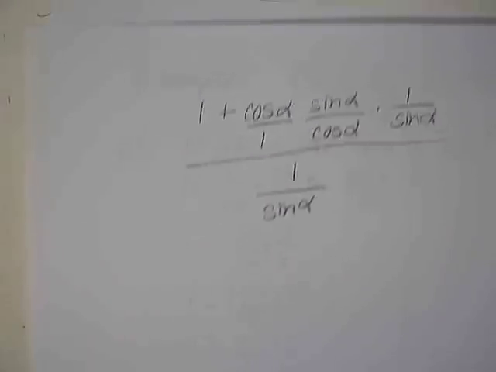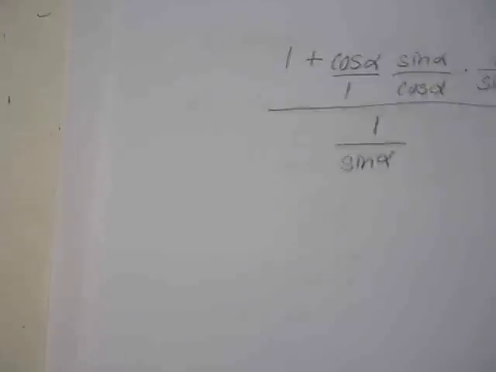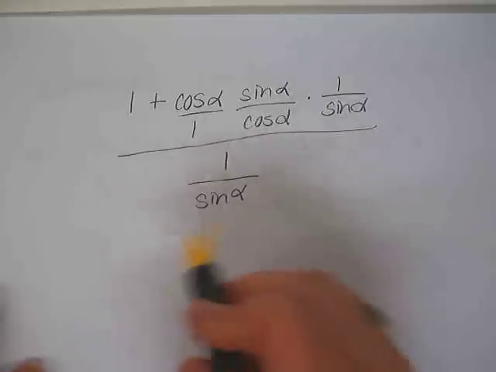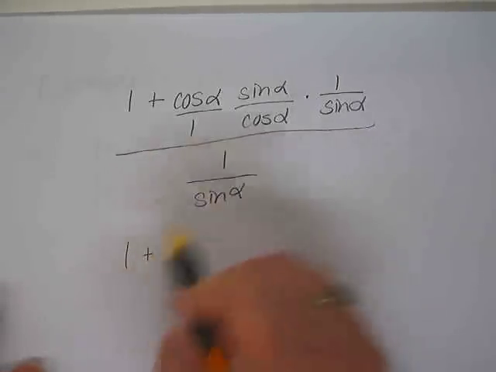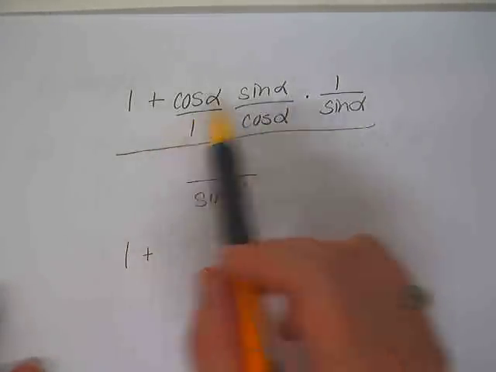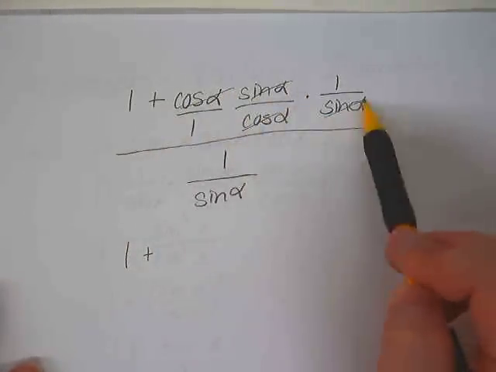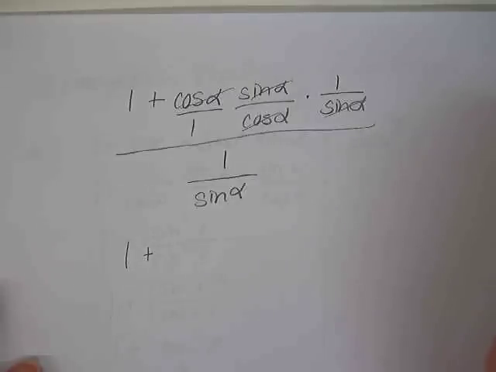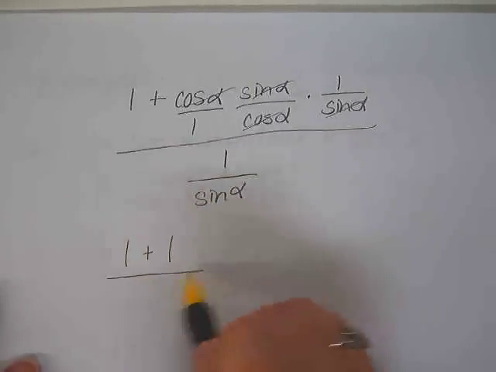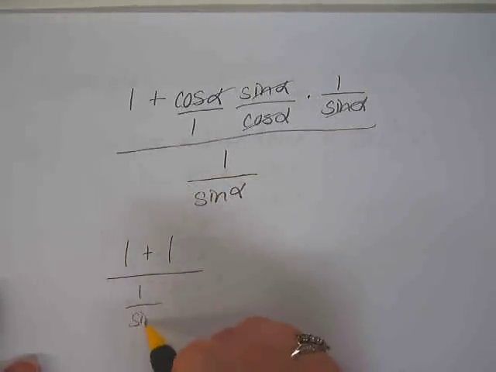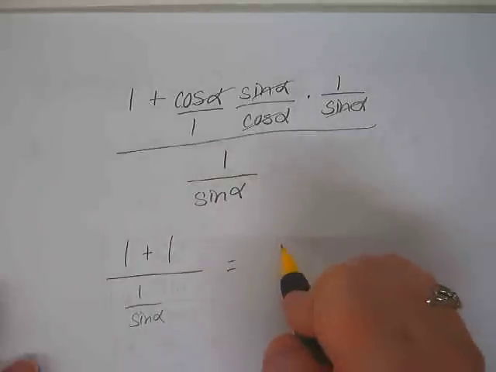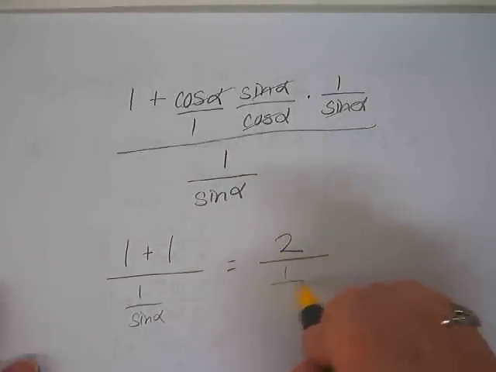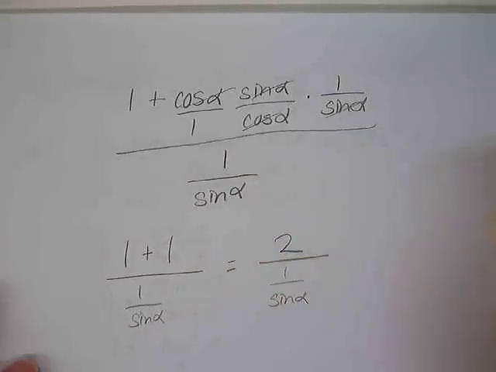So if you take that and change everything to sines and cosines, you would have started with this instead, maybe? Okay. So then you would have 1 plus, did you realize that those would cancel? So that's 1 plus 1 over 1 over sine alpha.